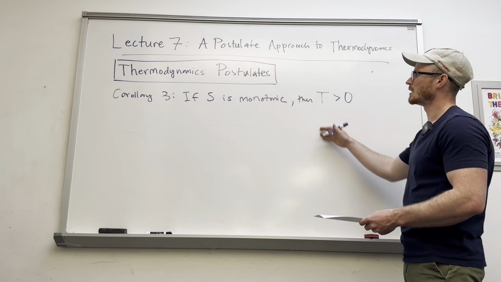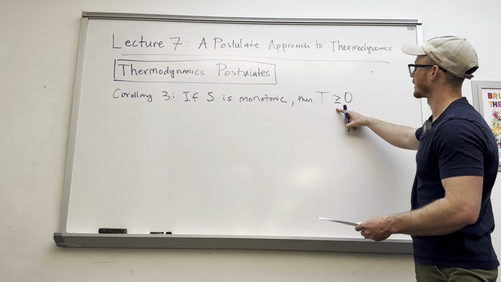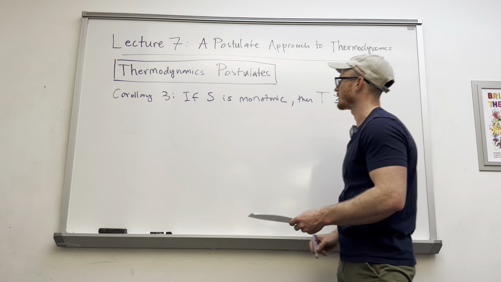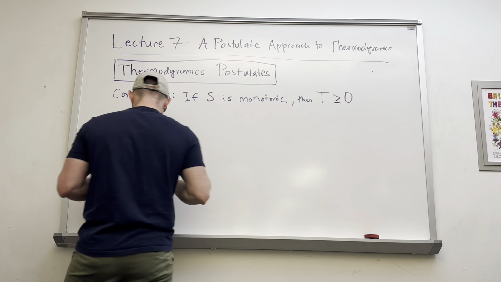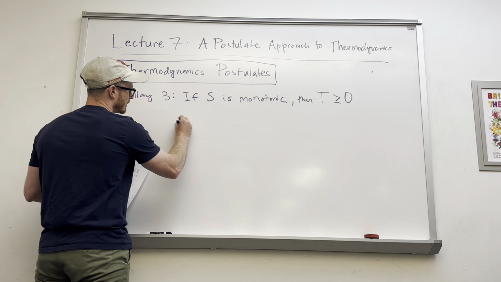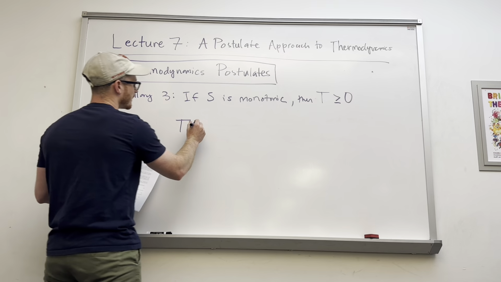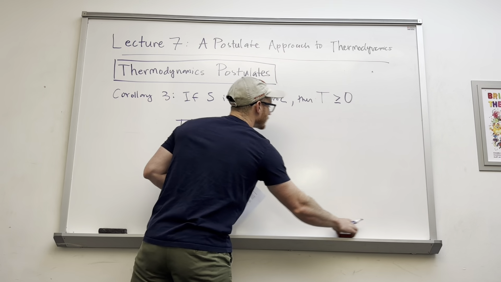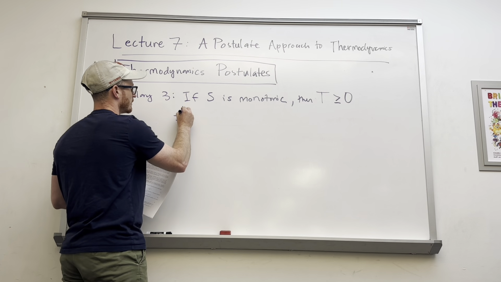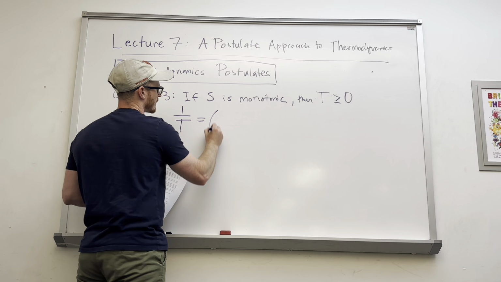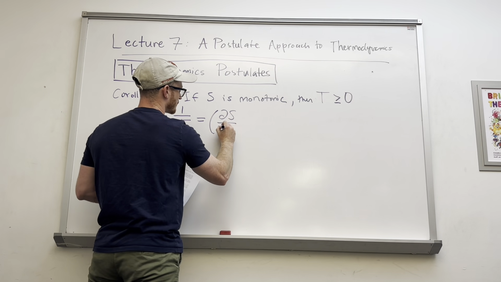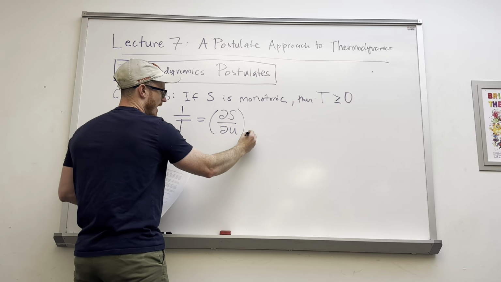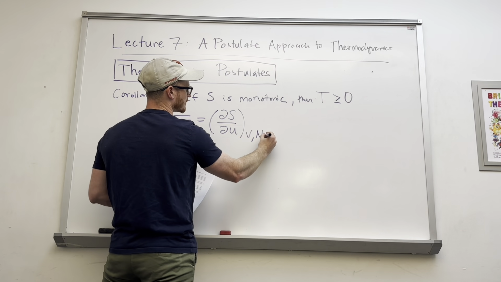Well, we should say it's not strictly positive, it's non-negative, so it could be equal to 0 if S is monotonic. The reason for that is that T is defined as, or we should say 1 over T, we'll find to be defined as the partial derivative of the entropy with respect to the internal energy at constant volume and number of particles.